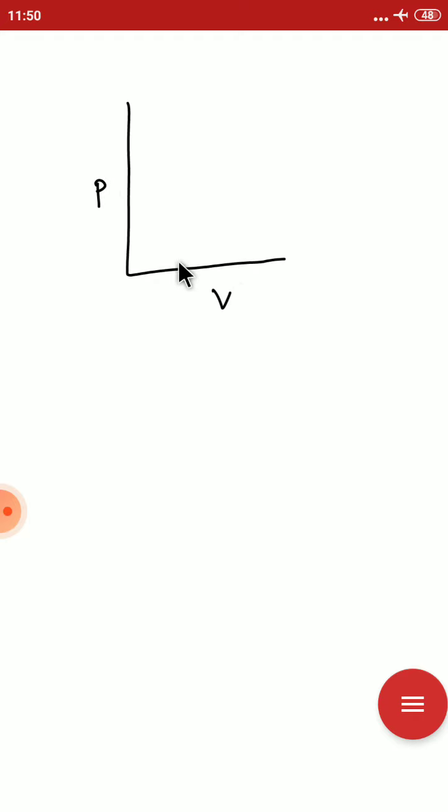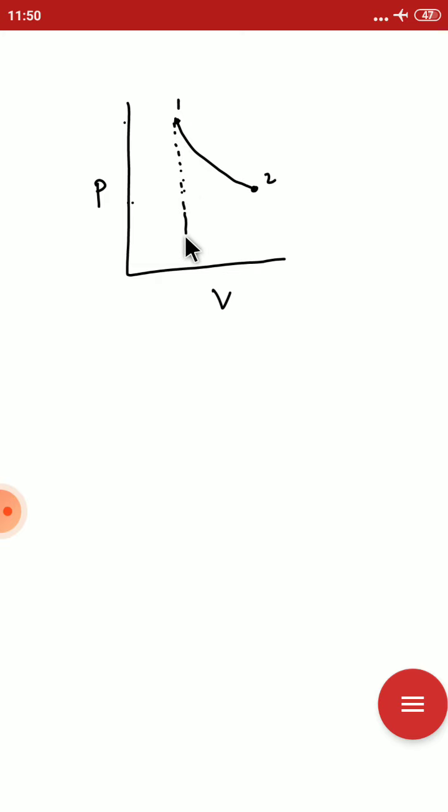Suppose we represent this on the PV plot. Initially the piston is at P1 and V1. Due to the gas pressure inside, the piston moves to position 2, which is pressure P2 and volume V2.